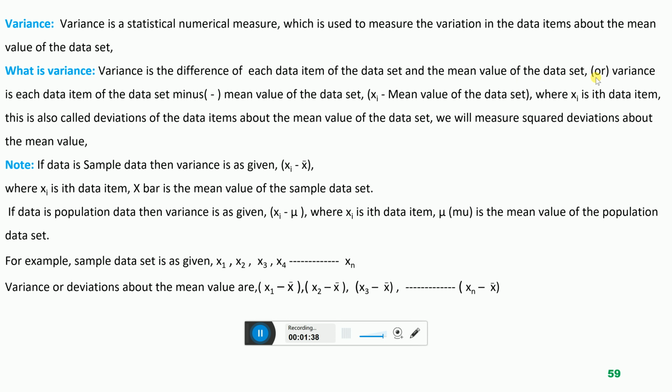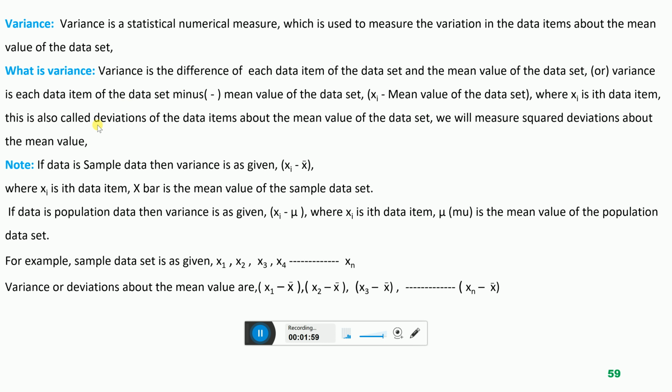And this is the formula: xi minus the mean value of the data set, where xi is the ith data item.